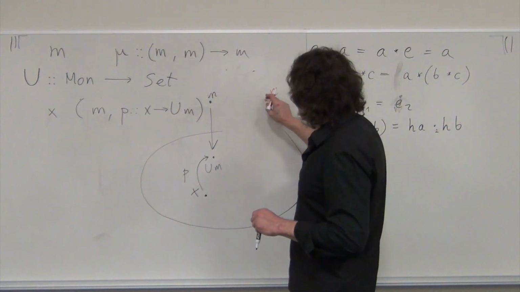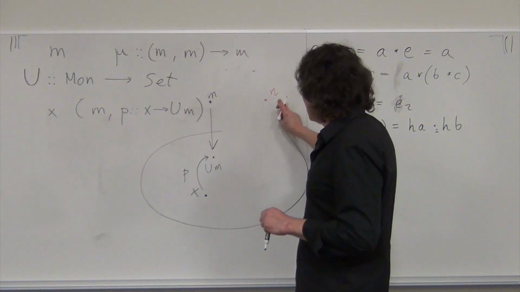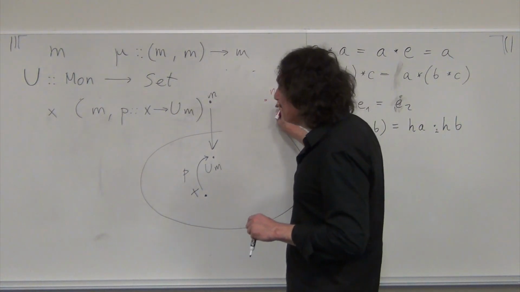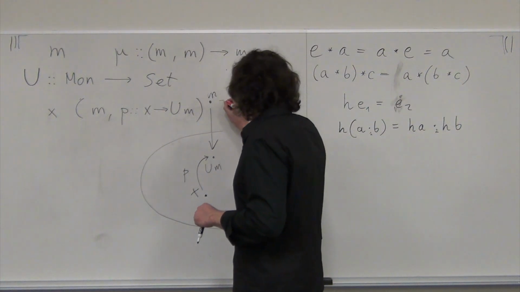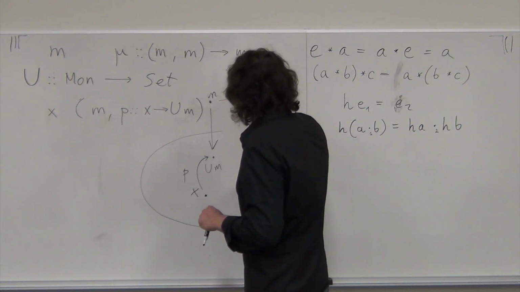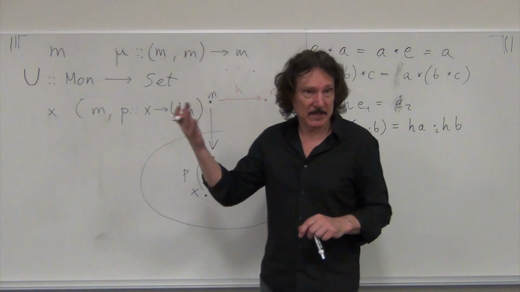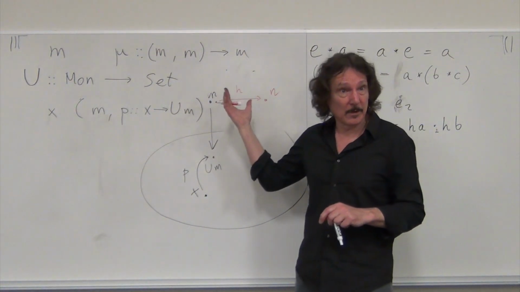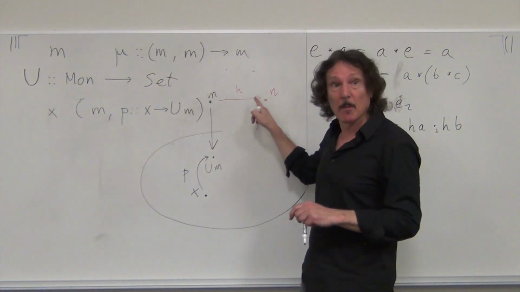And we'll say that M is better than N if there is a morphism from M to N. It's called H. It's a homomorphism because now we are in the category of monoids. So these guys are homomorphisms.